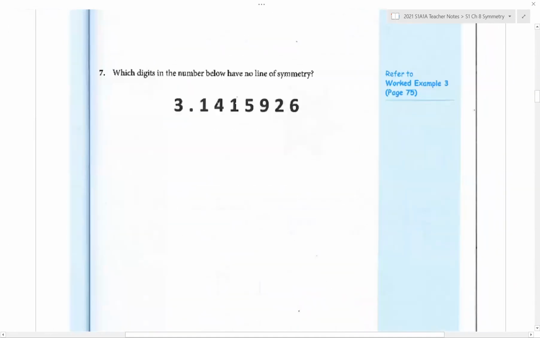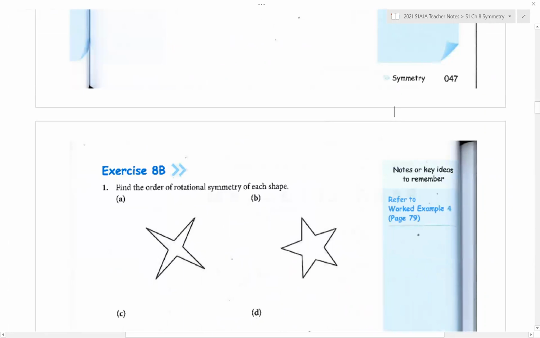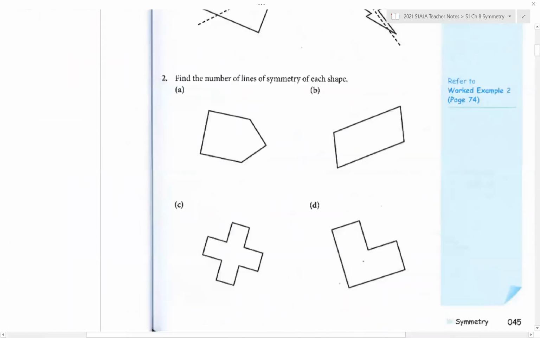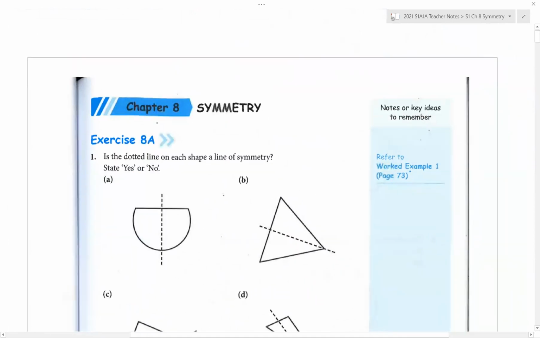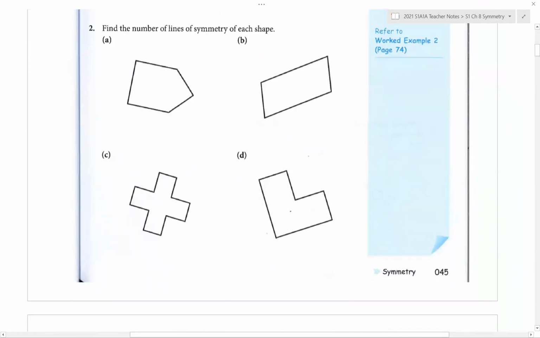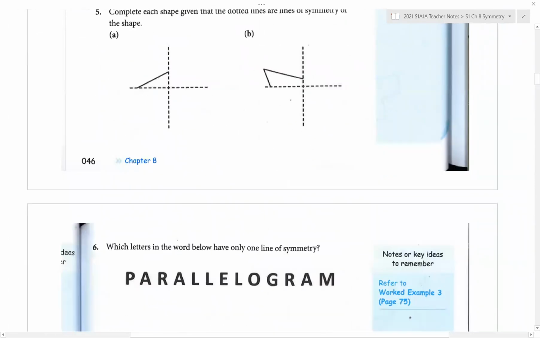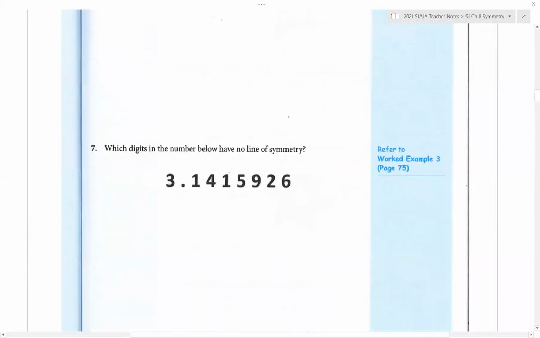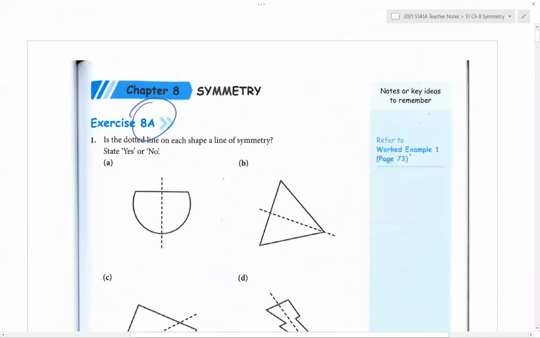Exercise 8A. We're going to do some drawing as well. Okay, the entire exercise 8A. Do it now. Very simple one. Until page 47.